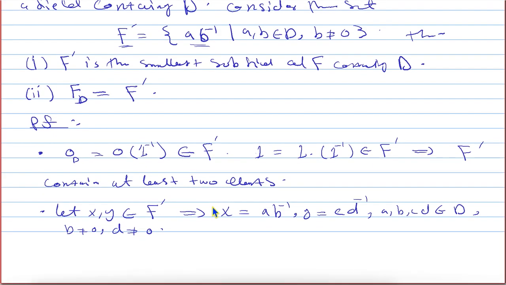Let's take the difference: x minus y equals AB inverse minus CD inverse. We look at AB inverse as A over B and CD inverse as C over D. This is a representation, and addition and subtraction follow the same rule.